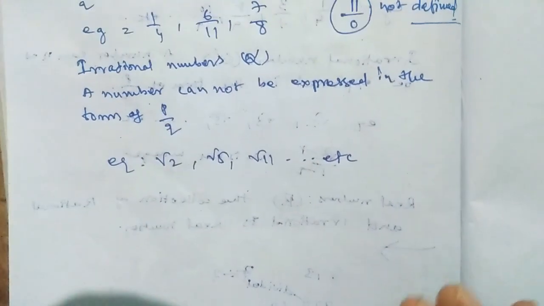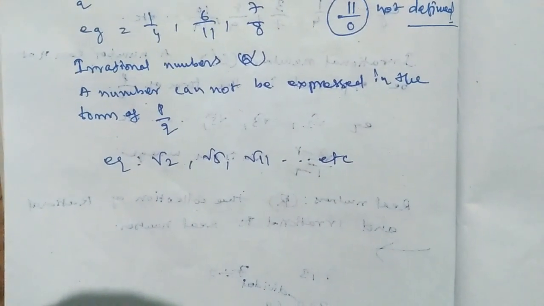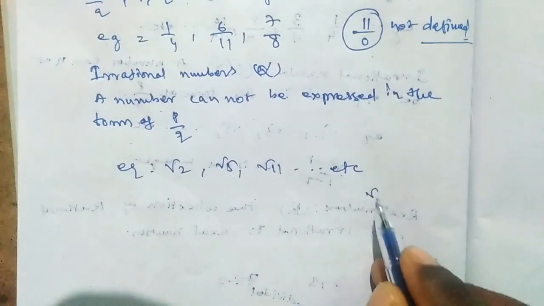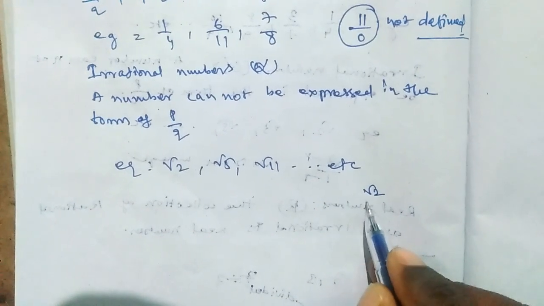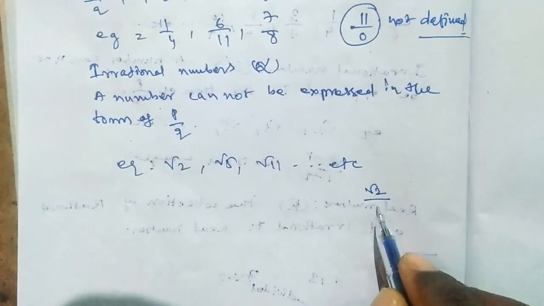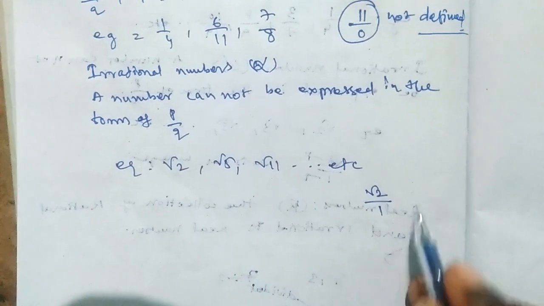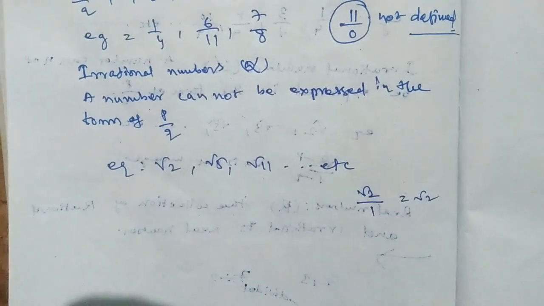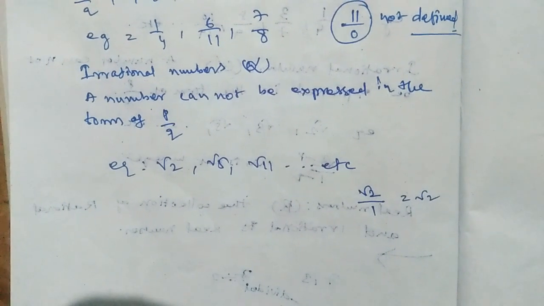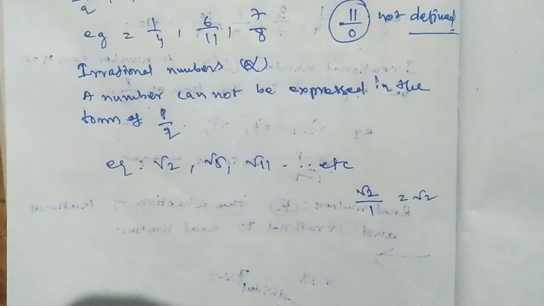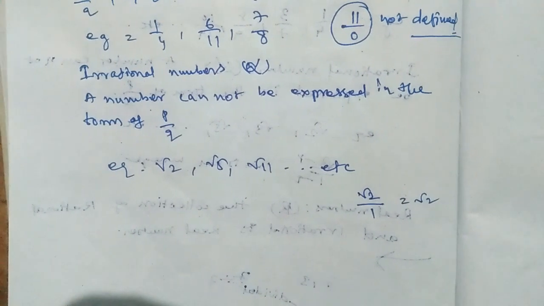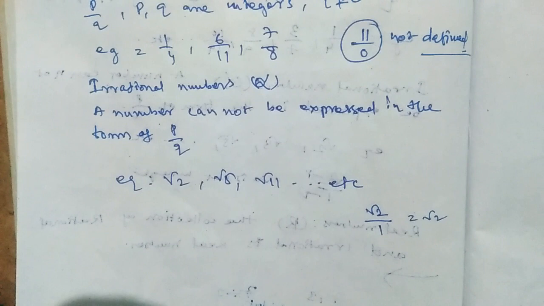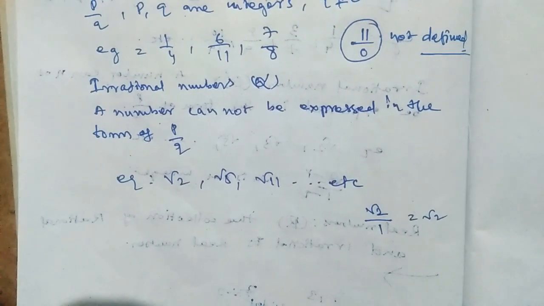You may get a doubt. You can ask me, sir, root 2 can be expressed in p by q form like this: root 2 by 1 is equal to root 2. Root 2 I can express in the form of p by q, so is it not a rational number? It's not a rational number. Why?